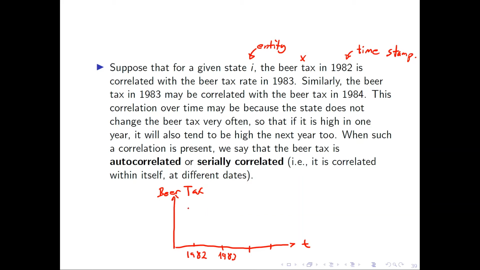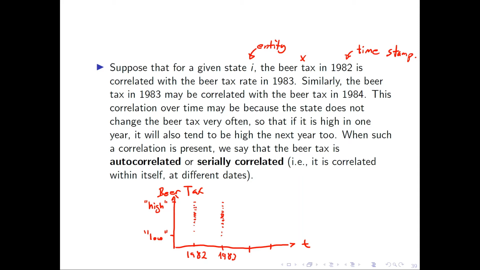What you might find is that the beer tax in all the 48 states is maybe something like this, some really high, some really low. This is high, this is low, low beer tax. So you have this distribution, and you can make this distribution in all of the time periods. But what if you look at one state?